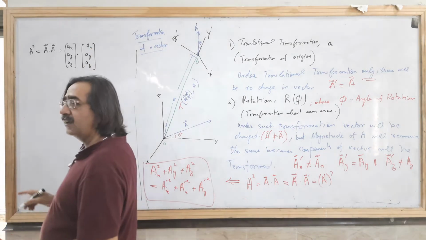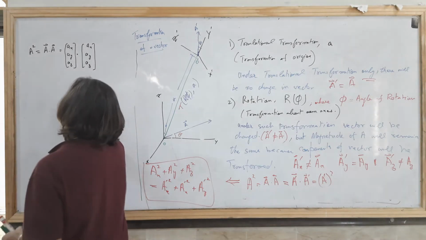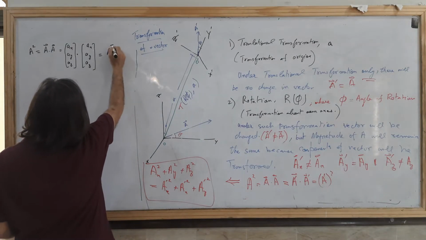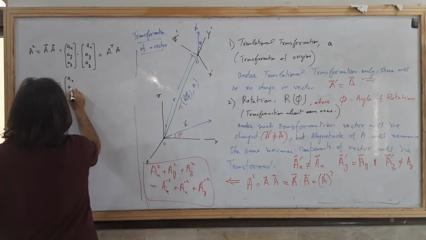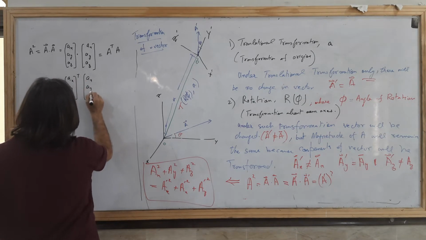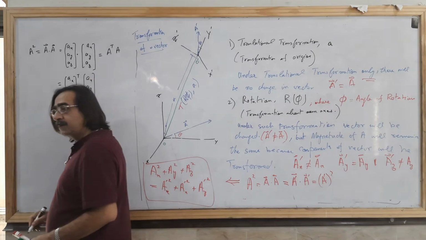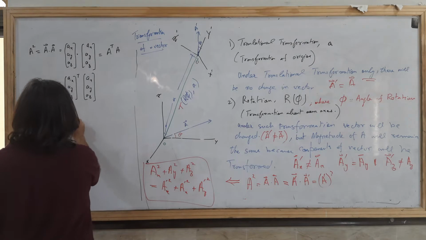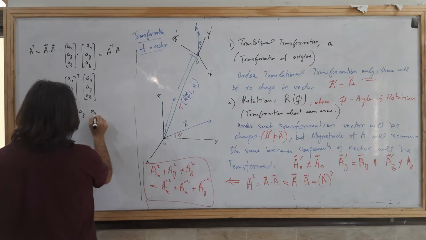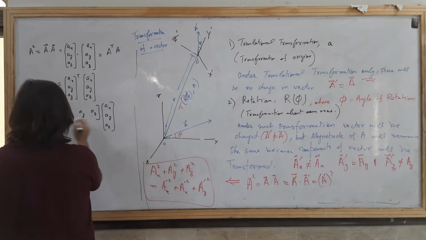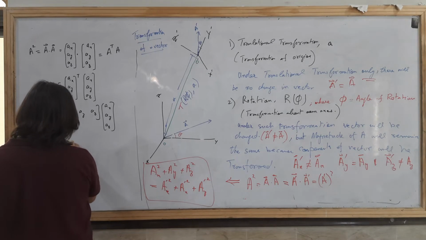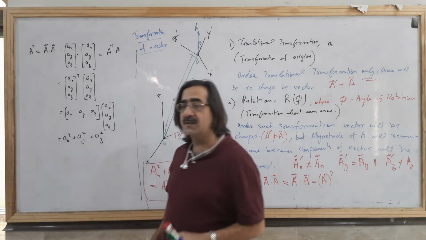When we take the dot, the first side we have to take the transpose, so that if I take the transpose of this, that will be ax, ay, az transpose times ax, ay, az. This will be equal to this. When we multiply, this will be ax square plus ay square plus az square.